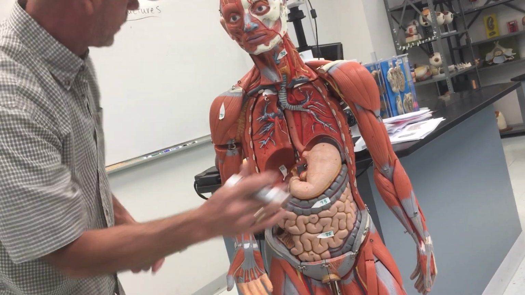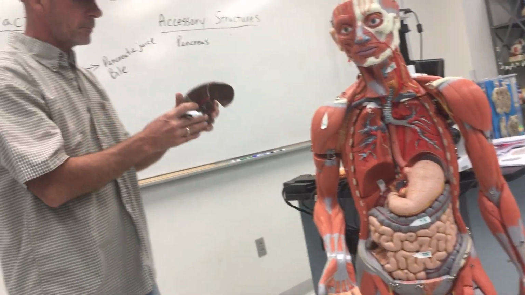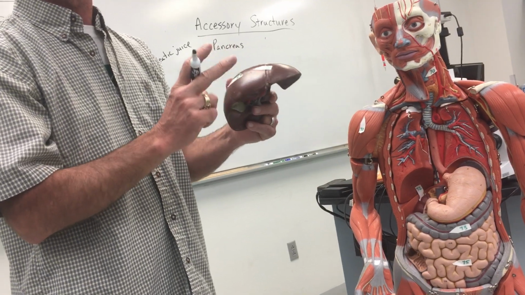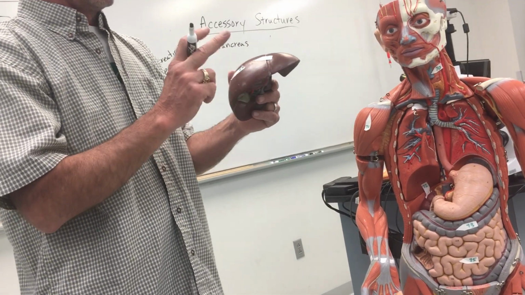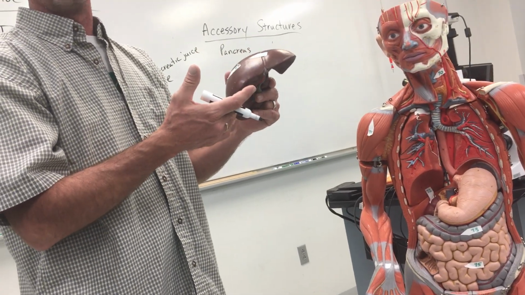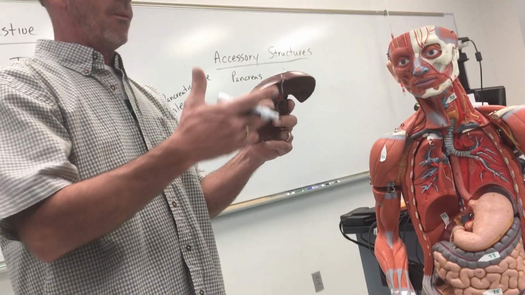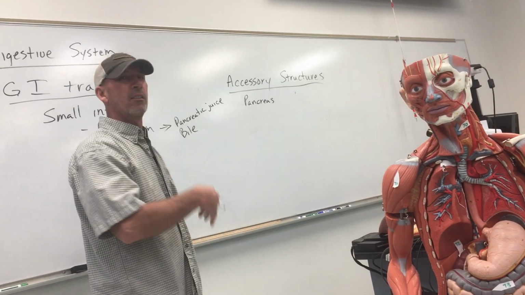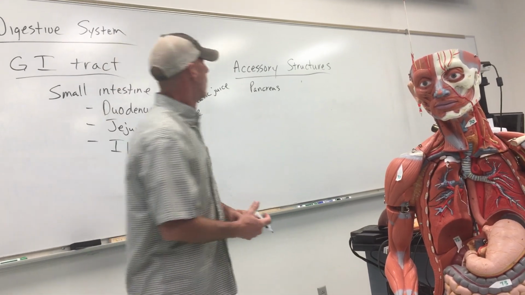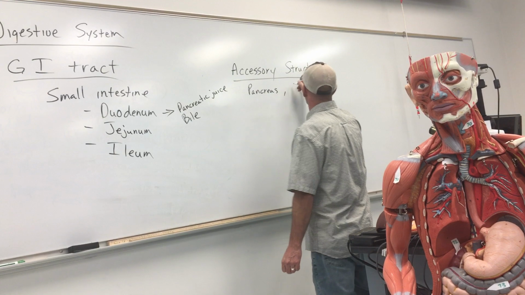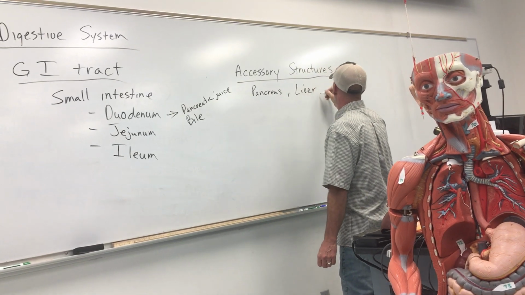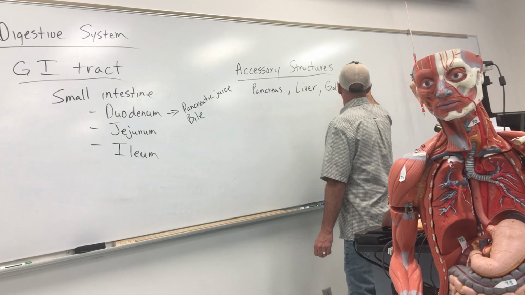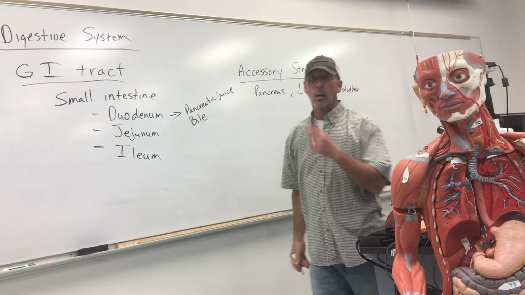But the gallbladder, now the liver actually makes the bile. So the liver is constantly producing bile and dripping it down into our gallbladder. But one of the things that the gallbladder does besides store that bile is it's going to concentrate it. So we have also the liver and also the gallbladder.